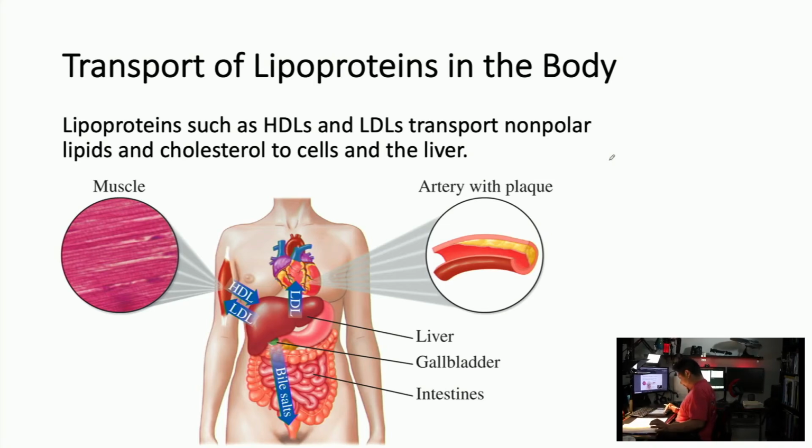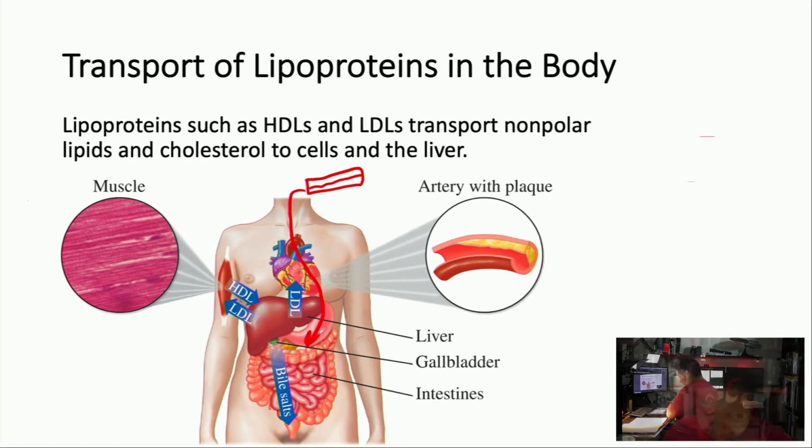So, let's say you're eating a piece of bacon. That kind of looks like bacon. And it goes down in your stomach. And the bacon fat, in the form of triacylglycerols, is broken down into its constituent fatty acids. And those fatty acids are attached to cholesterols. And those cholesterols are packaged up into LDLs, right?